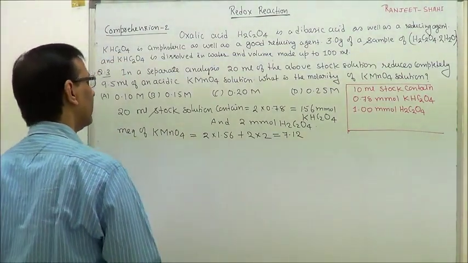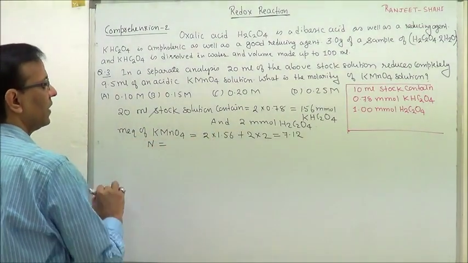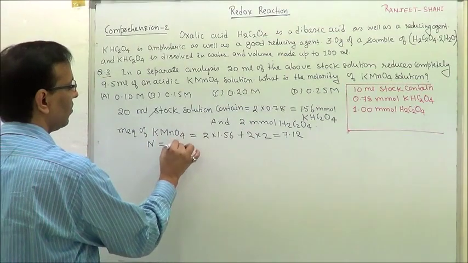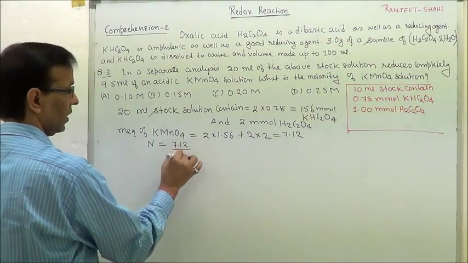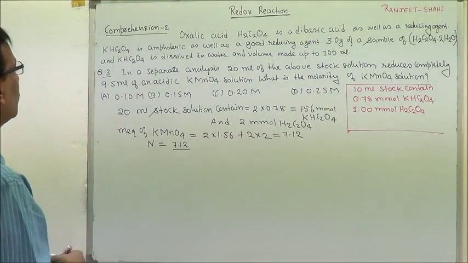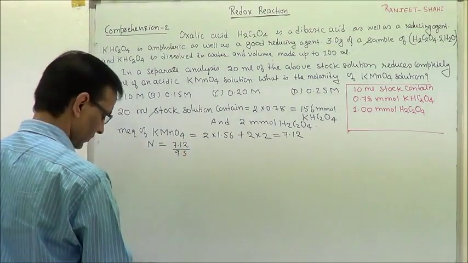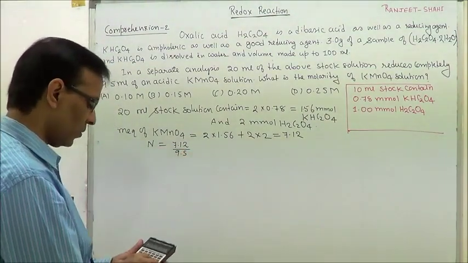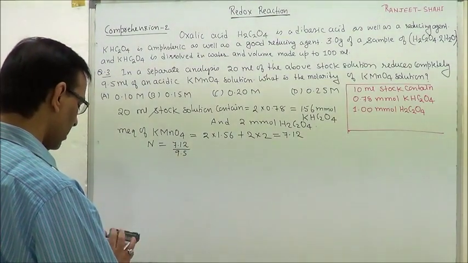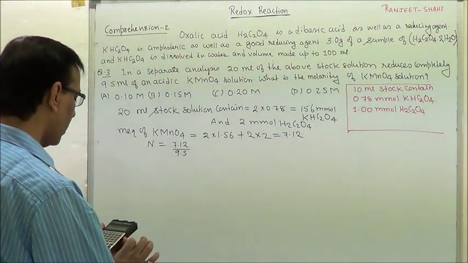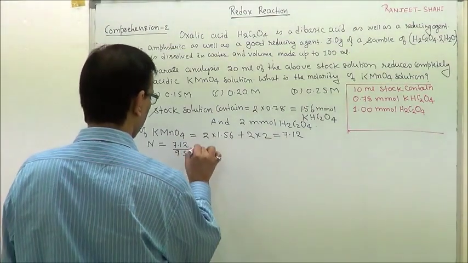So normality will be milliequivalent divided by volume, 7.12 divided by volume, and the volume used is 9.5. So 7.12 divided by 9.5, it is 0.75.